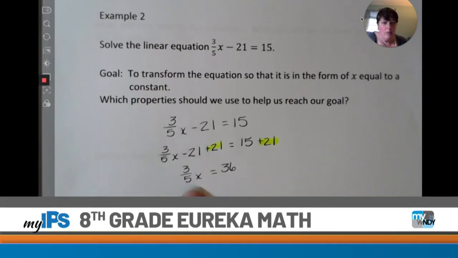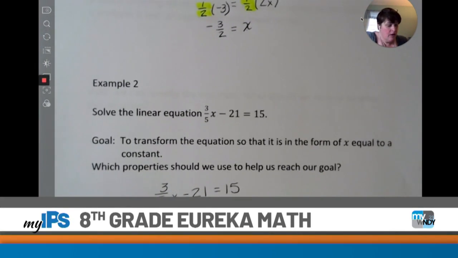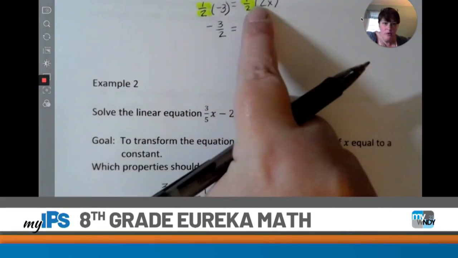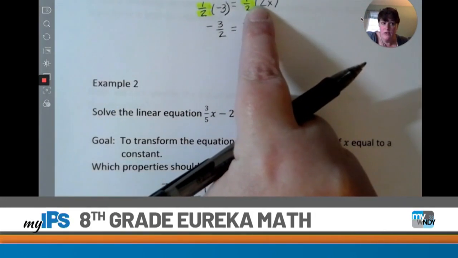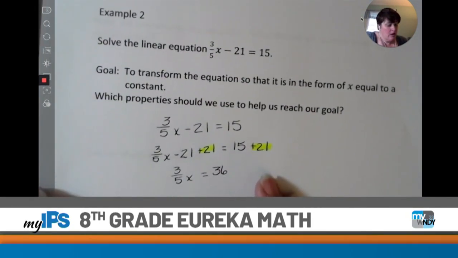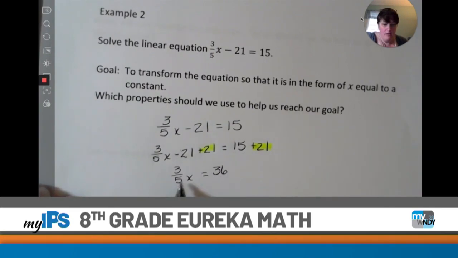Remember when we looked at example 1 and I said to multiply by the reciprocal instead of thinking about that division? This is why that might be important. Here we have 3/5. We need to multiply by the reciprocal of that to turn it into 1.